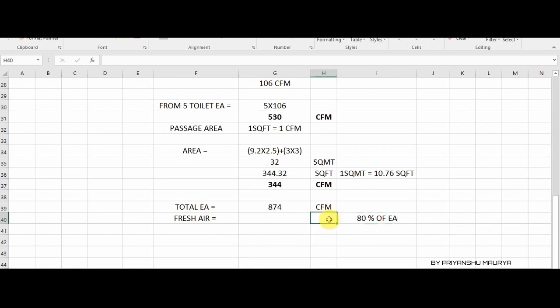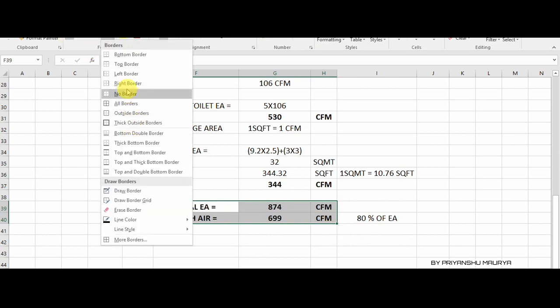In the last video I explained we maintain negative pressure in the toilet, so it will be equal to 0.8, that is 80%, into 874, which is equal to 699, you can say 700 CFM. This is our fresh air. So here we have total exhaust air and total fresh air.